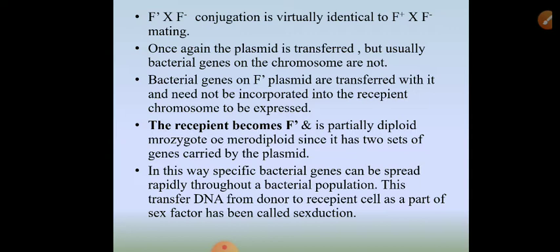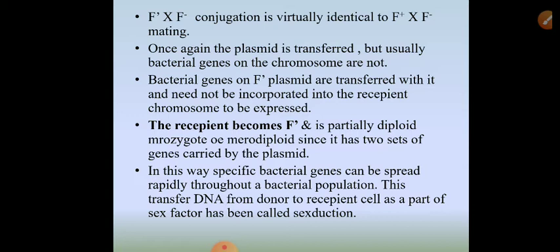Hence, the recipient cell becomes F prime and is a partially diploid merozygote or merodiploid, since it has two sets of genes: its own genes plus genes carried by the plasmid. Recombination here does not take place; chances of recombination are very low. Chances of recombination are very high only with an HFR cell.